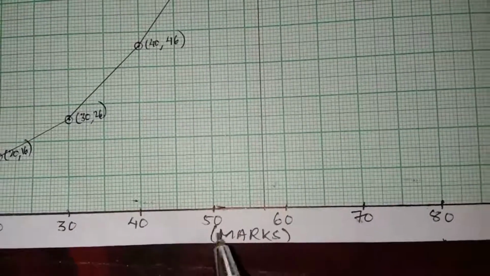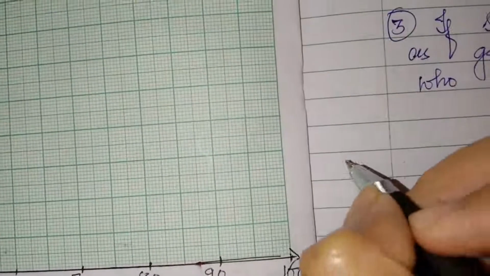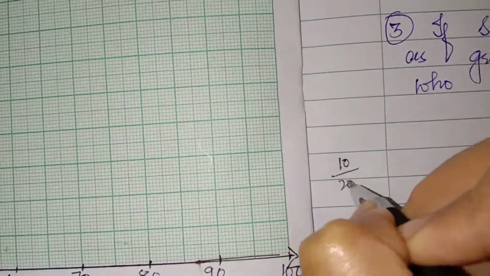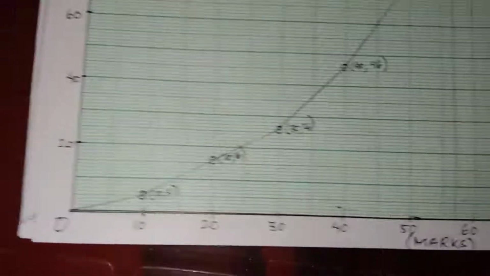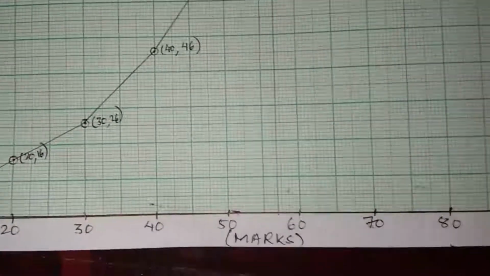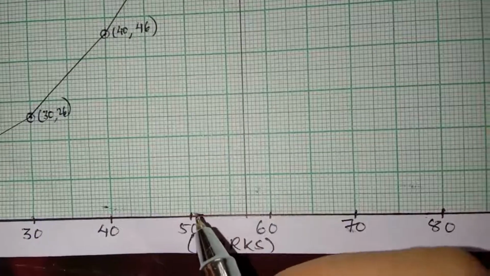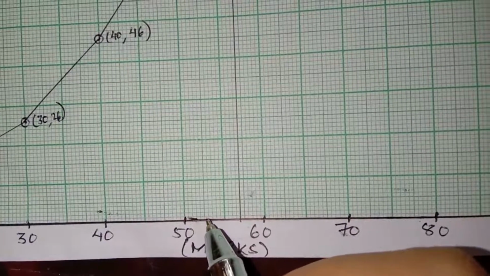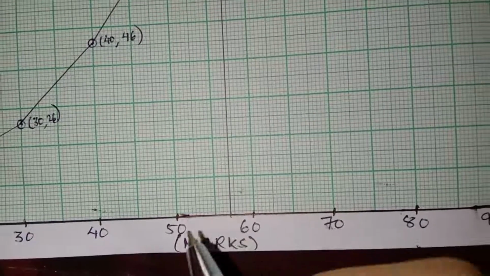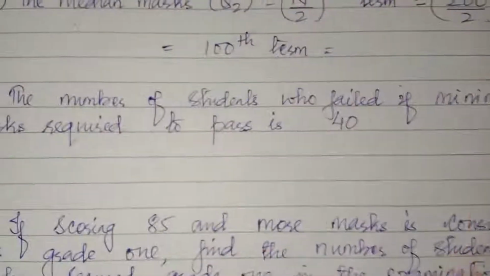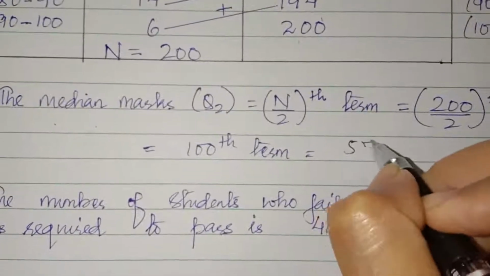Here is a gap of 10, and there are 20 small boxes, so 2 boxes is 1. So 2 boxes we have to consider as 1: 1, 2, 3, 4, 5, 6, 7. So 57. So the median is 57.